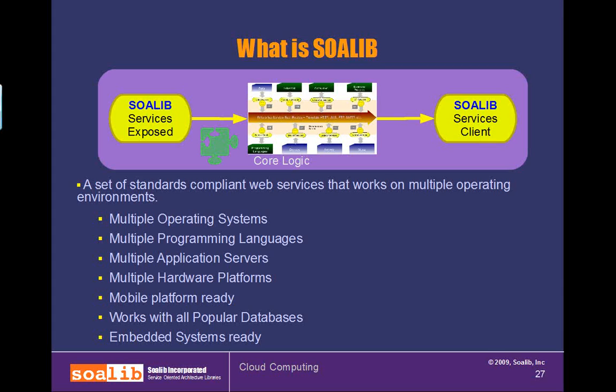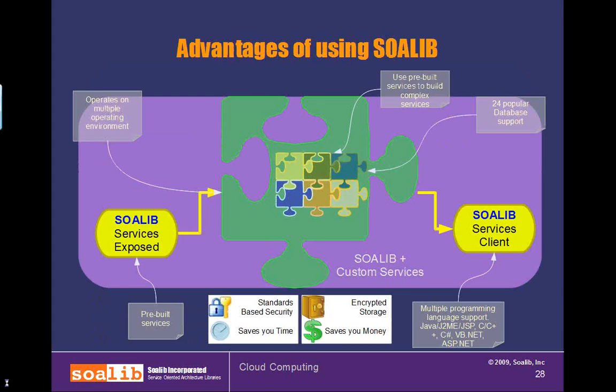SOALIB has support for 24 different databases, which include file-based databases. And SOALIB can be run and executed from embedded systems. We have a C API, which is very tiny and does not consume a lot of space. So what is the advantage of SOALIB?